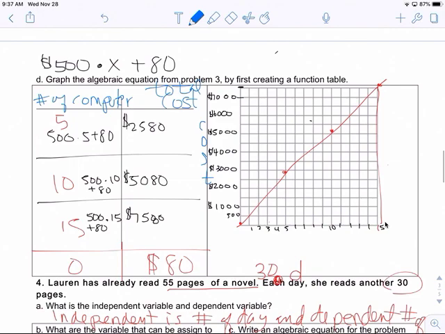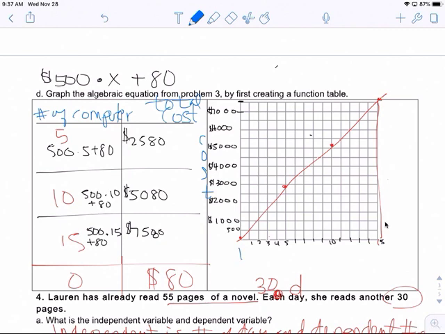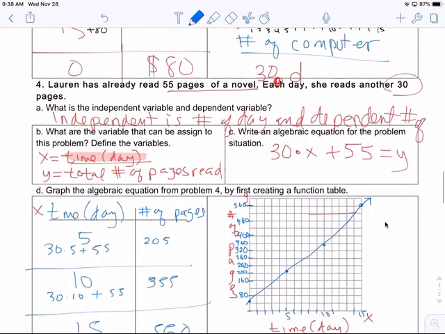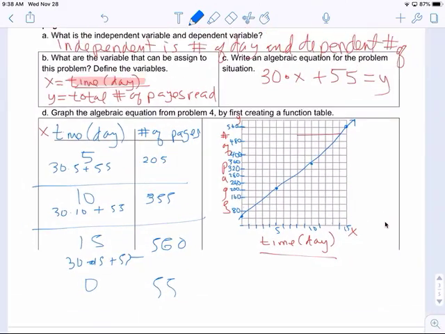Here you need to put the independent variable, which is the number of computers the company is ordering, your X, and your Y. You keep defining the same thing over and over. Okay, here's this one.